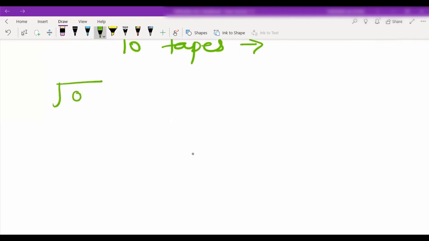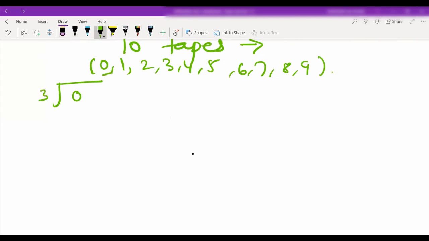How many bits are present in the decimal number system? We have 0, 1, 2, 3, 4, 5, 6, 7, 8, 9. We will take them one by one and determine the remainder.